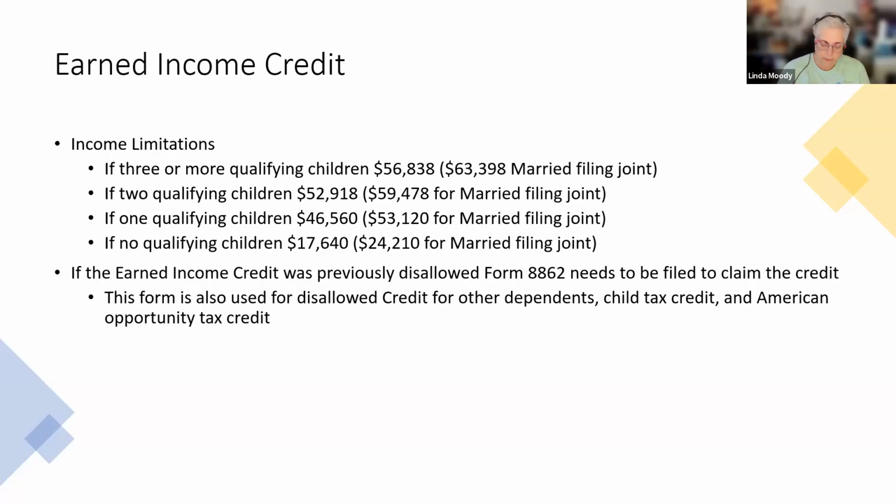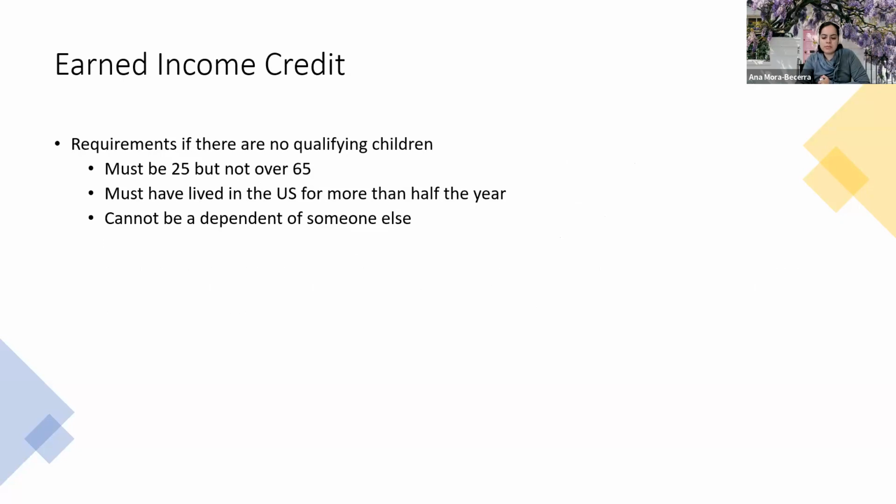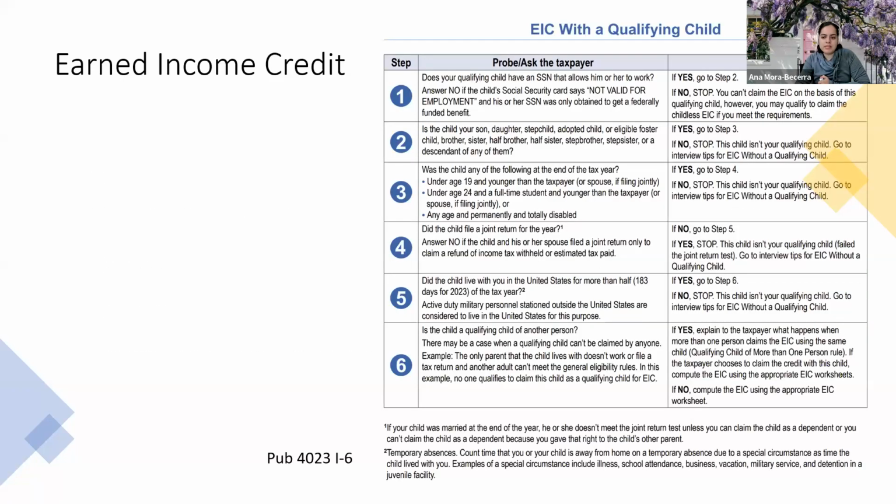Yes. It gets a little confusing sometimes, especially with the dependency, because the child can be a dependent, but they might not be a qualifying child for the earned income credit because they may not have lived with the taxpayer for more than half the year.